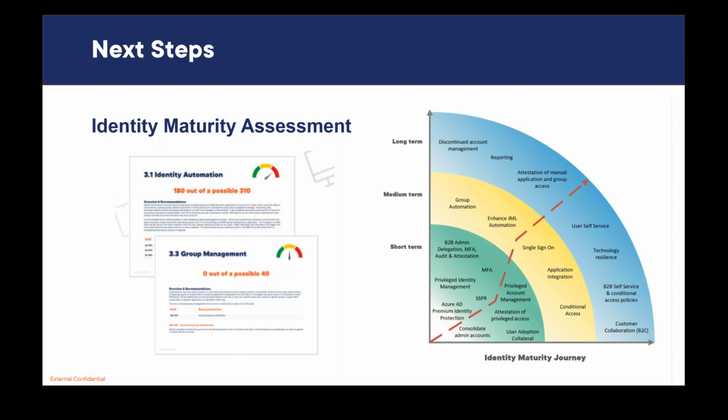So we look at the key areas of the identity journeys, which are automation, user experience, recertification, and privilege access, plus a few more. After we do the assessment on the current environment, we provide that customized roadmap based on risk and priorities. So if you're interested in finding out more about that, do get in touch after this webinar.